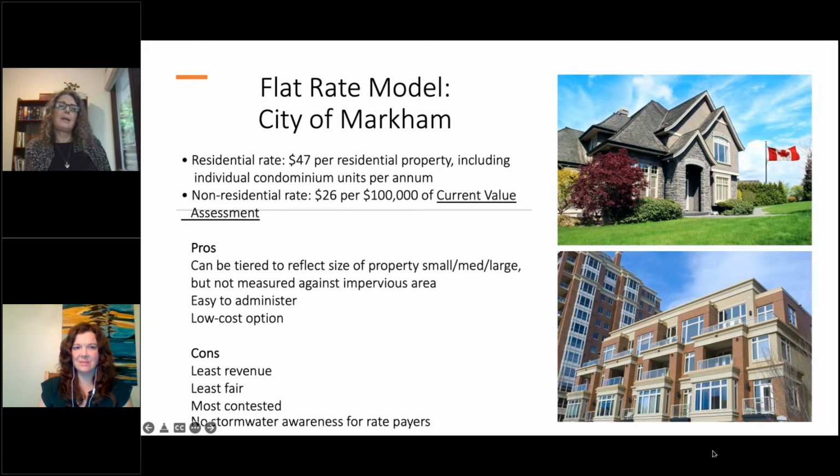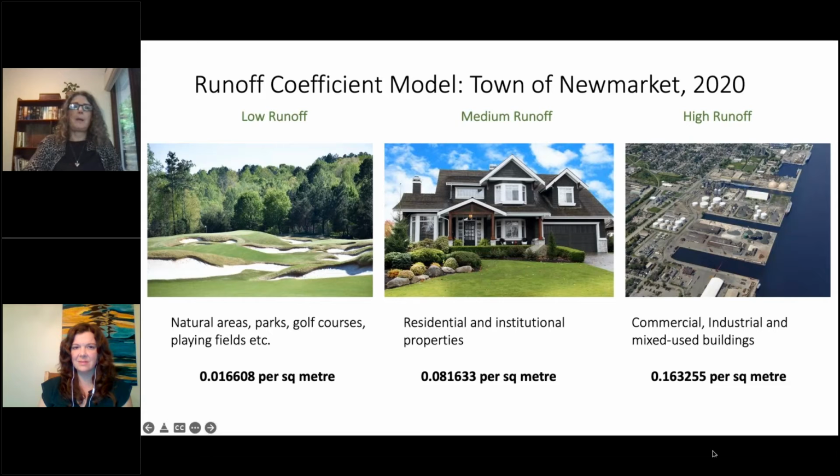So the pros are that it's very easy to administer, it's a low-cost option, it can be tiered to be small, medium or large, but it's not measured against the impervious area. So you have obviously less revenue, it's not fair at all, it is the most contested, and there is no real engagement between council and the ratepayers.